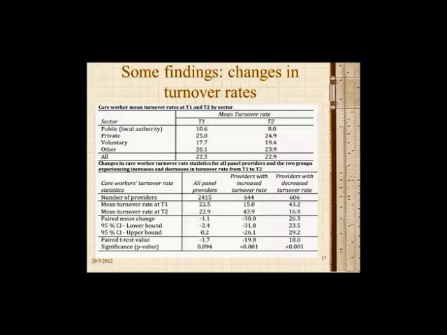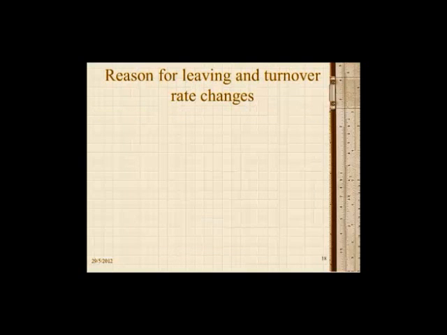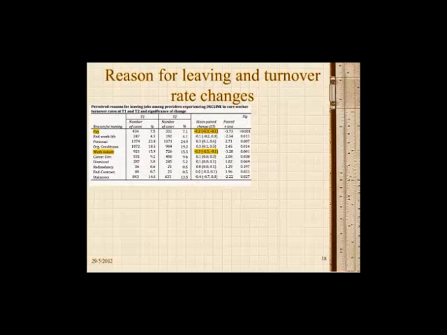We did a lot of analysis on the difference between these groups in terms of sector, but I will show you something to do with the reason for leaving. The next step was to look at those who had improved their turnover rate and look at why the provider thinks employees left, and then look at the other group. Those whose turnover declined, which means it improved, said that pay and working nature were significantly less important.